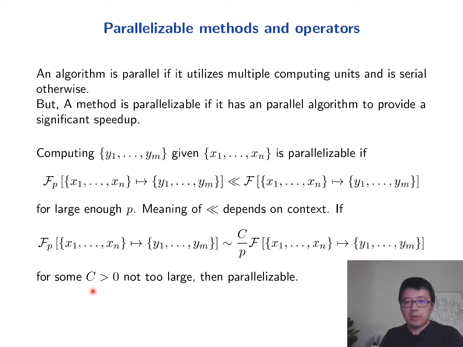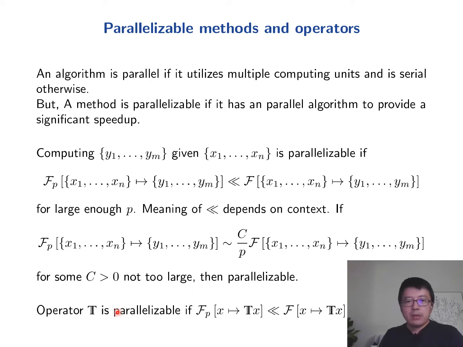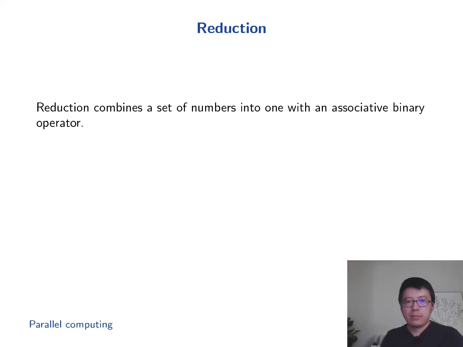So the c should be much less than p. Then this computational task from x to y is parallelizable. Finally, we say an operator T is parallelizable if its parallel steps is much less than its serial steps.